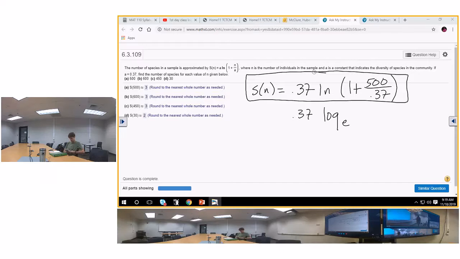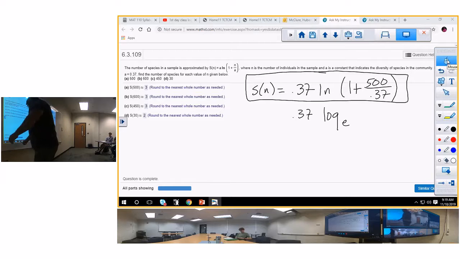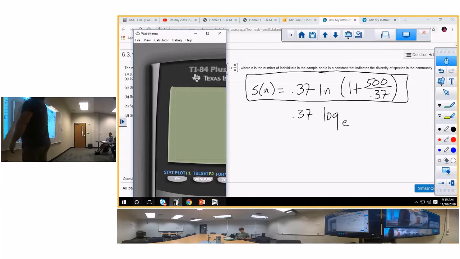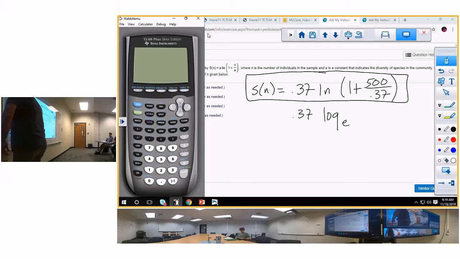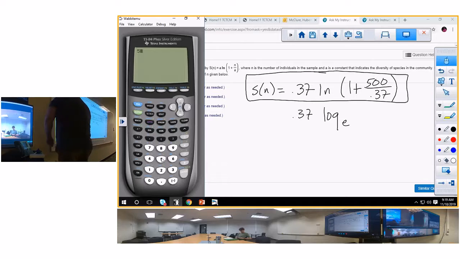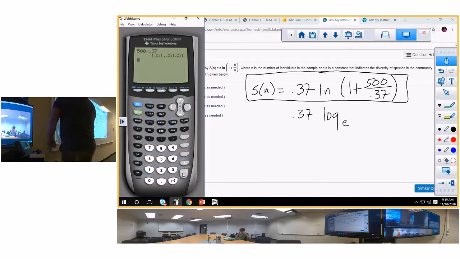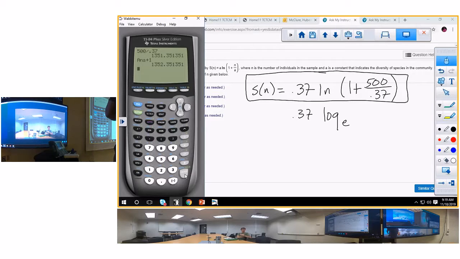I'll pull up the handy dandy calculator and we will do it together. So 500 divided by 0.37, and that's plus 1, and that's going to be in parentheses, so we need to take the natural log of that.